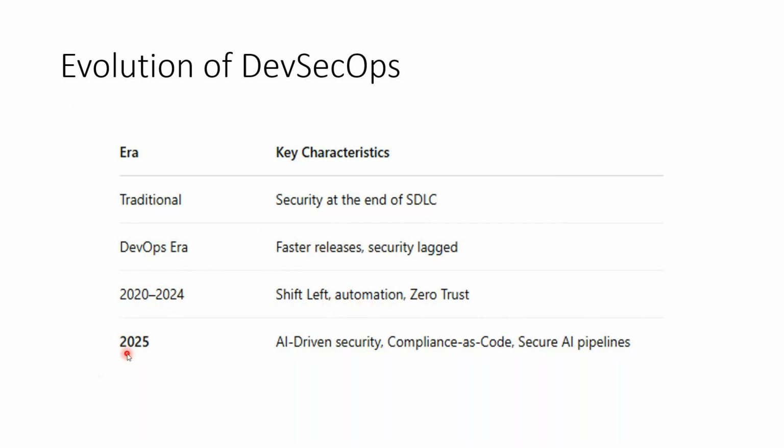But in 2025, we have to work in terms of AI-driven security, and the next one is compliance as code, and also secure AI pipelines. So these three things we have to focus on.